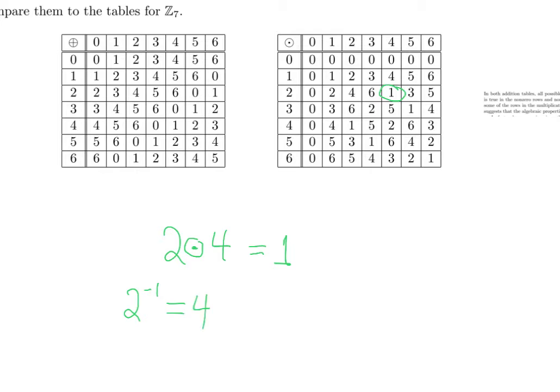If you say 5 times 3 is 1, it's like you're saying 5 inverse, 5 to the negative first power, is equal to 3.